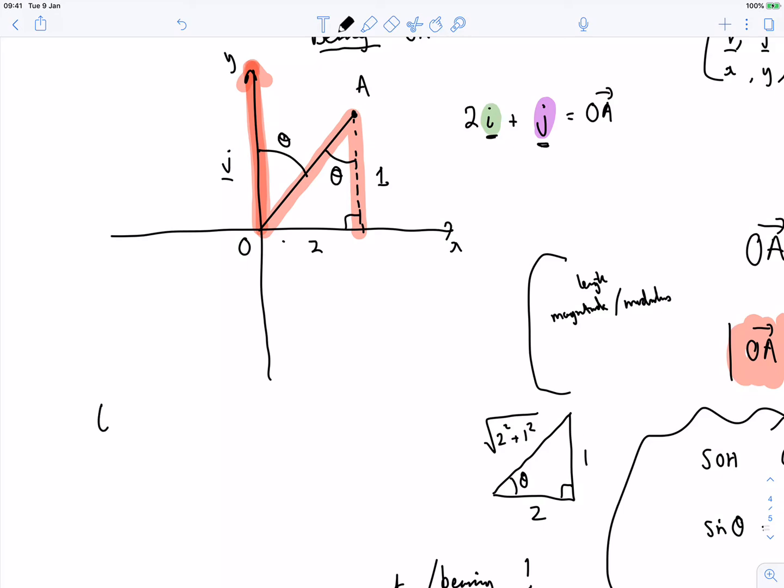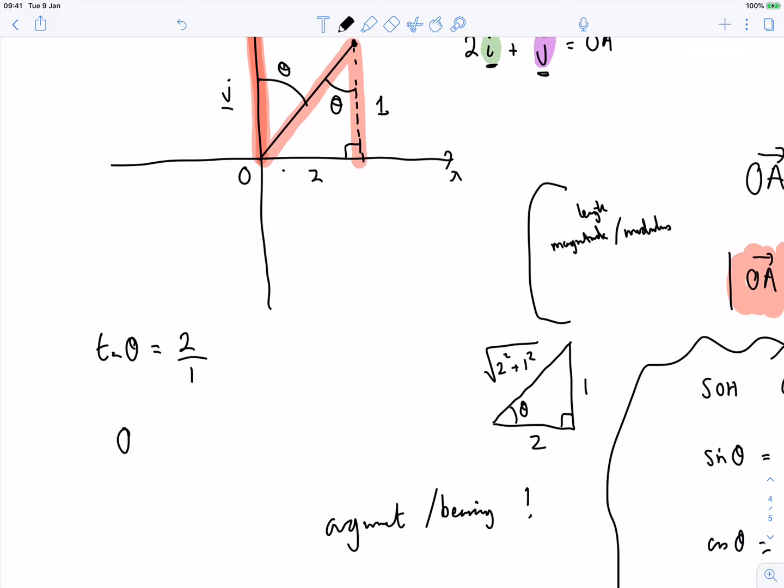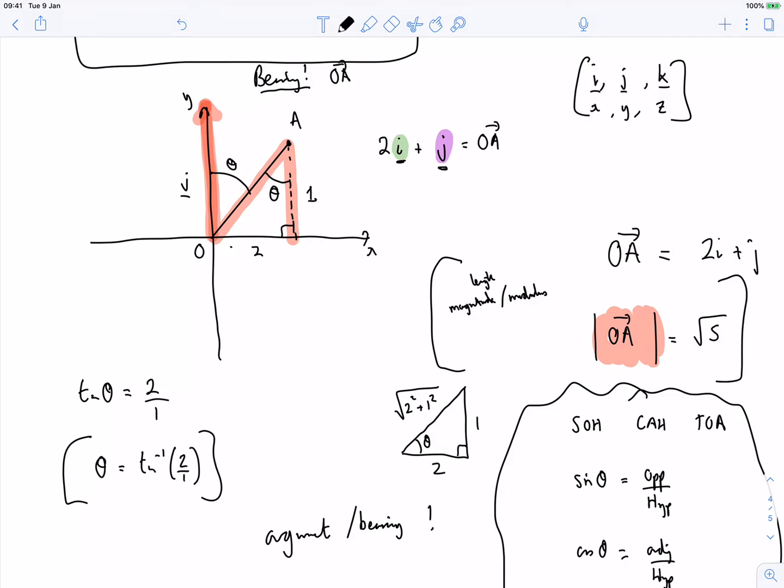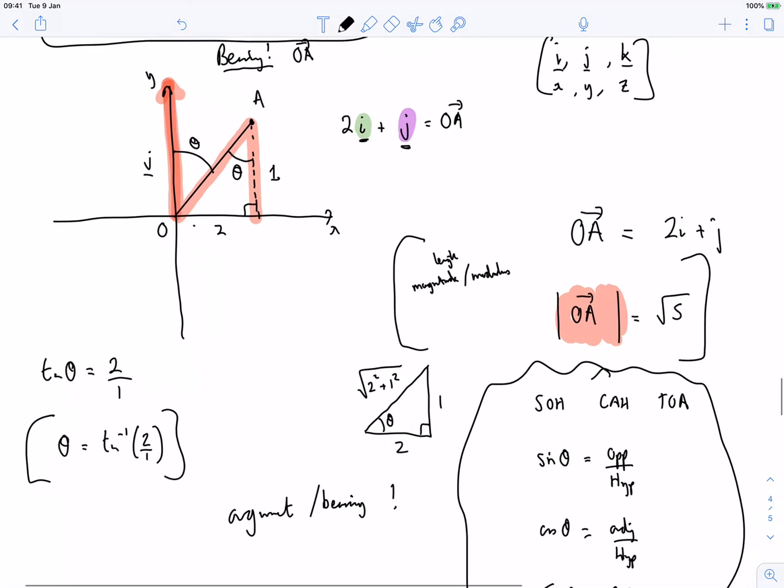So clearly tan of theta is opposite, which is 2, over adjacent, which is 1. So the angle is just going to be inverse tan of 2 over 1. Now you can either leave your answer in degrees or radians. I really don't care. The point is you should be able to calculate basic angles by applying inverse trigonometric functions.